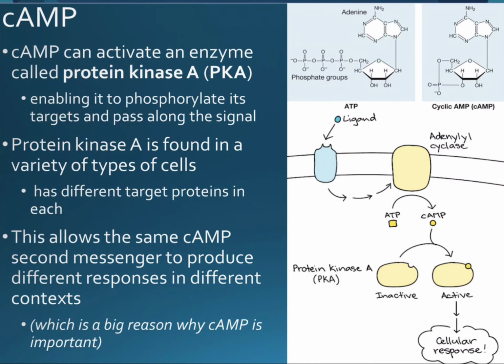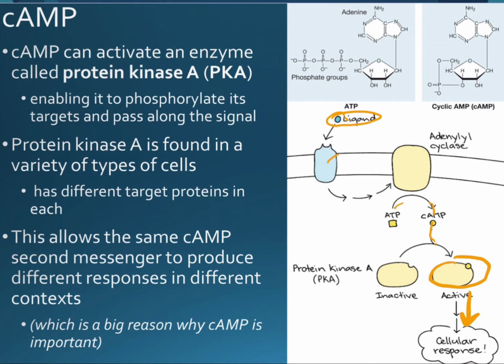So if we look at this here, we have a ligand binding to the receptor. That's going to cause some response in adenylyl cyclase, which is an enzyme. So we're going to go from ATP to cAMP. cAMP is going to help activate this protein kinase. It's going to activate it, and then that could lead to some cellular response.